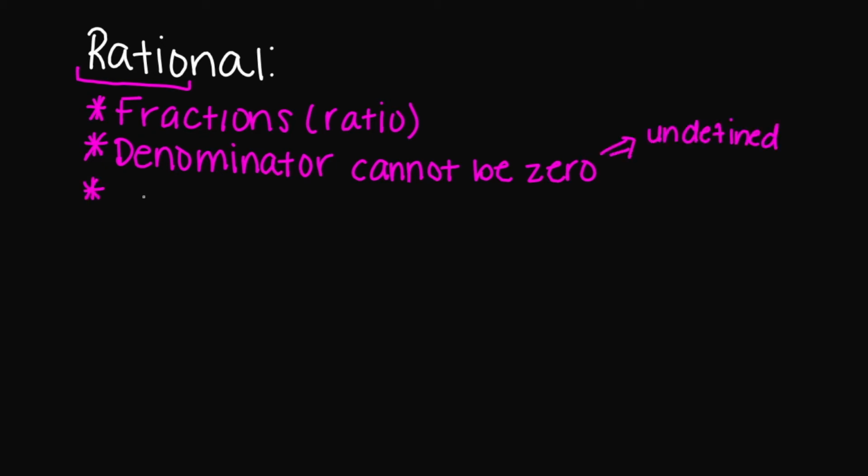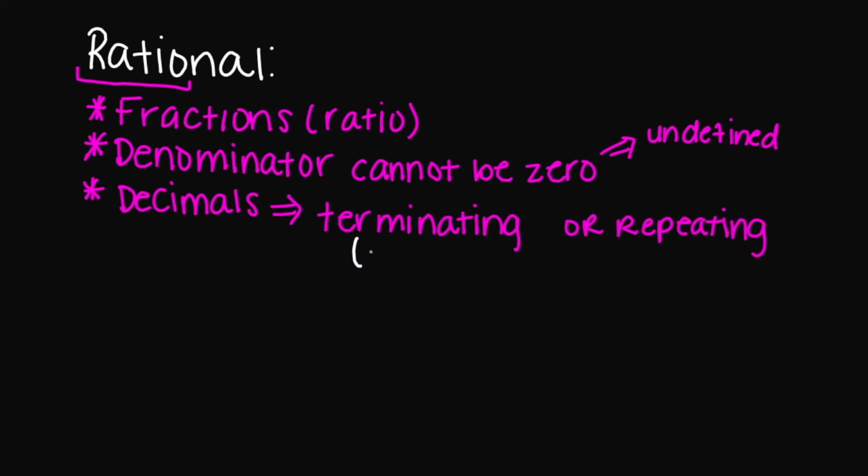The third point to point out for rational numbers is that if you have a decimal, we're going to say decimal here for decimals. If you have a terminating decimal or a repeating decimal, that decimal is also a rational number. And for terminating, we mean that the decimal ends or repeats.